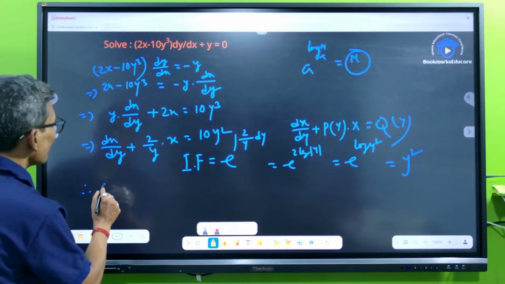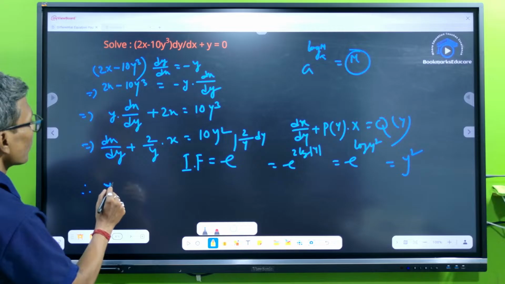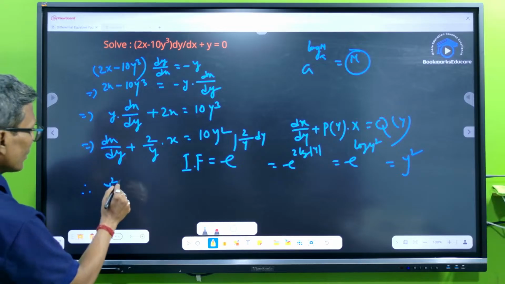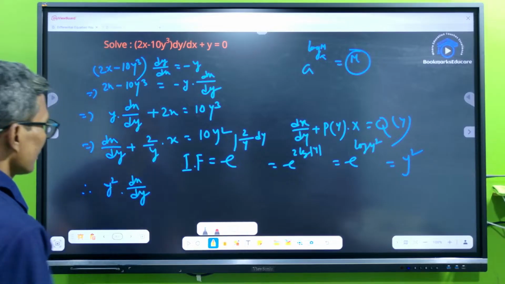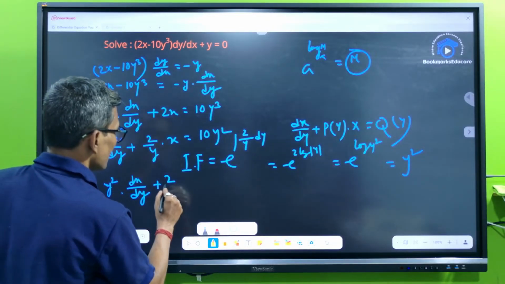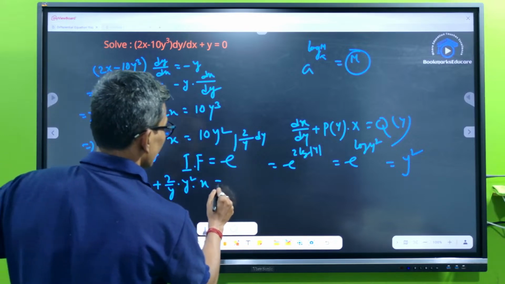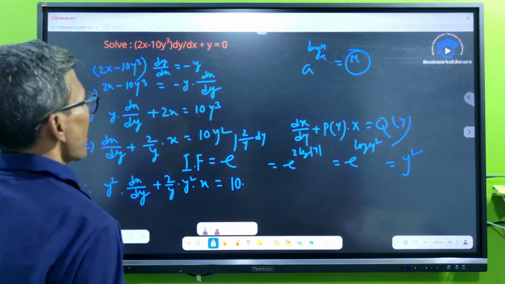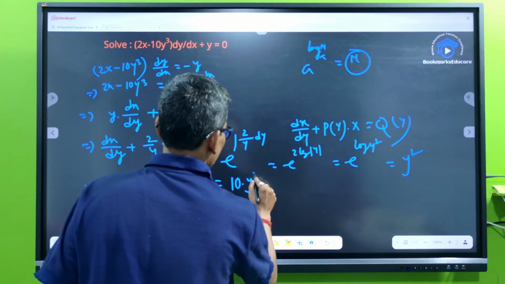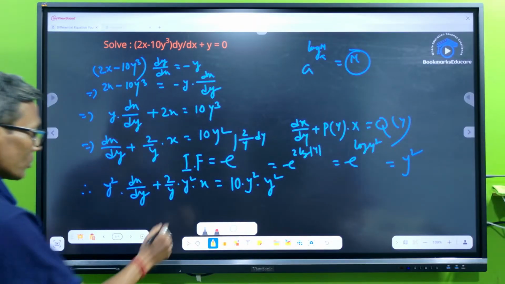So y square into dx by dy plus 2 into y square into x is equal to 10 into y square into y square.